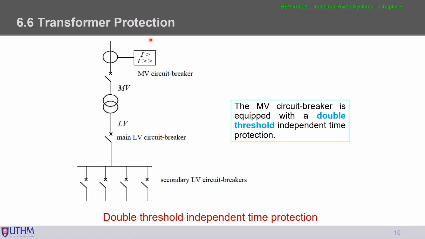That is the double threshold independent time protection. This one is connected at the primary side, which is MV. Then for LV, we can see there is one circuit breaker here, the secondary LV circuit breaker that protects the line or the system.